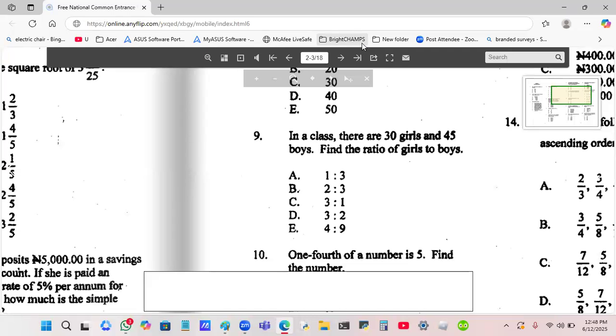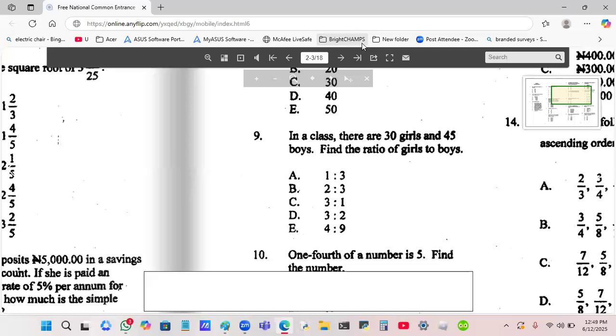Then now 30 ratio 45. So I ask you a question, you just do not answer. 6 ratio 9. 2 ratio 3.